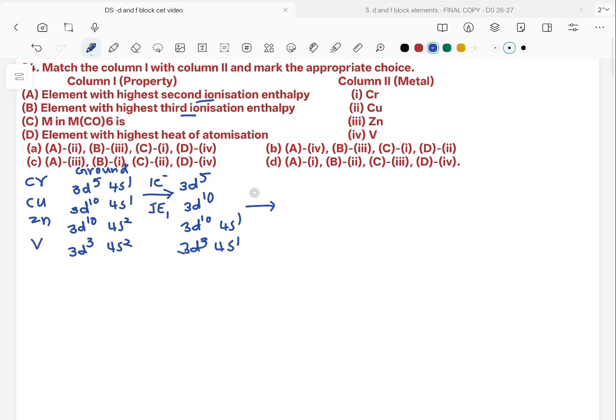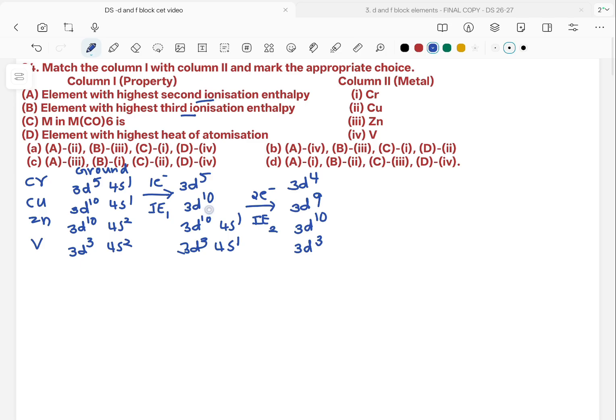When they lose the second electron, the ionization enthalpy 2 of these ions will become 3d4, 3d9, 3d10, 3d3 respectively.